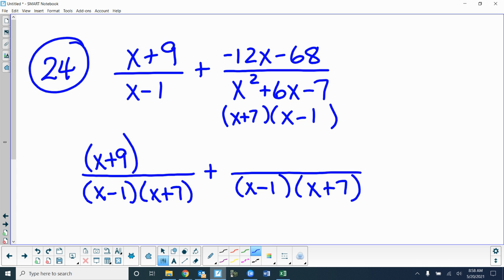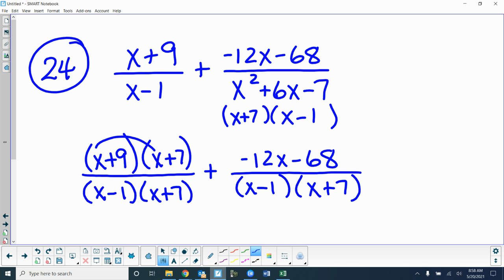Look what I did to the original denominator and look what I did to the common, right? I multiplied by x plus 7, so I gotta do that to the numerator too. Did I do anything different to these? No. So do I do anything to the numerator? No. You guys remember that? So I have to FOIL that first before I can add them. Okay?